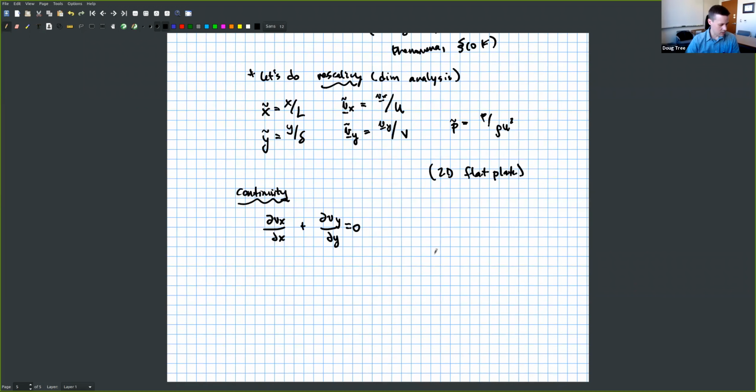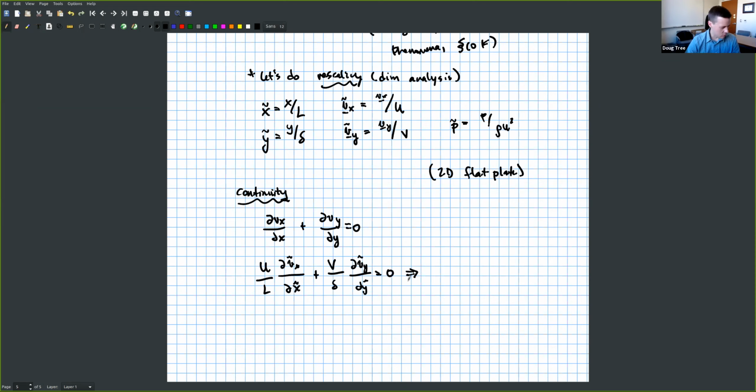So now let me plug in these things here. So I've got dVx/dx, so Vx has a U, so I get U, and then I get a dVx tilde in the top. And then x in the bottom, I'm going to get an L. So U over L dVx tilde/dx tilde. And then Vy should look similar, but I have a V and a delta that come from those guys. So V over delta dVy tilde/dy tilde is equal to 0.